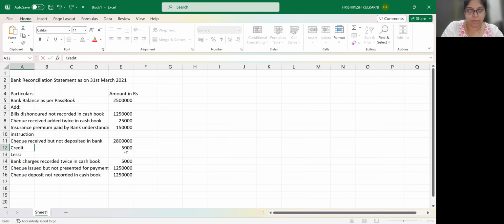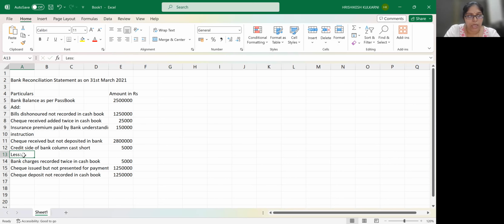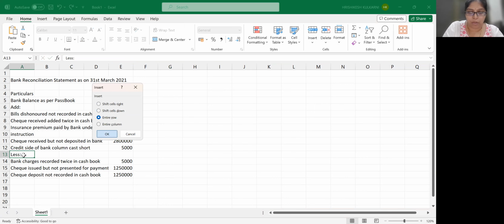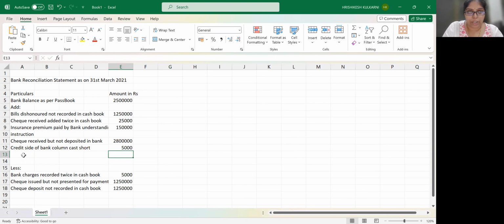Credit side of bank column. Yes, there was less space, so what I will do is just add some rows. I'll do this addition.